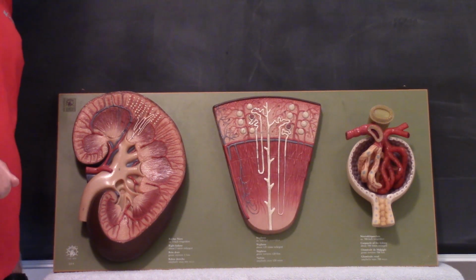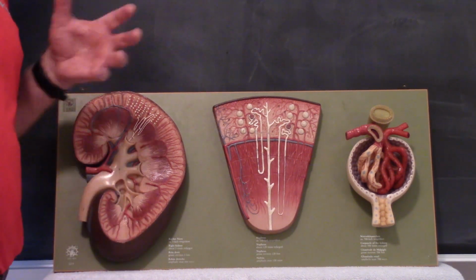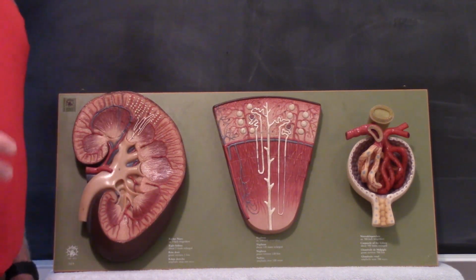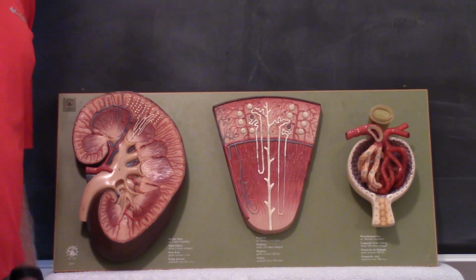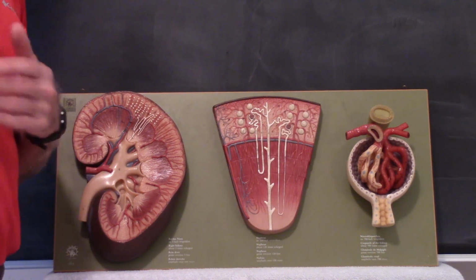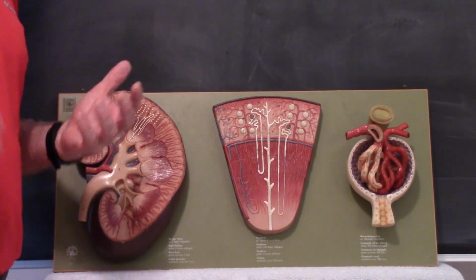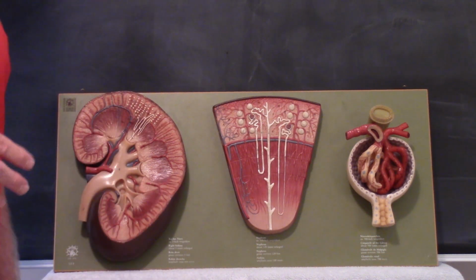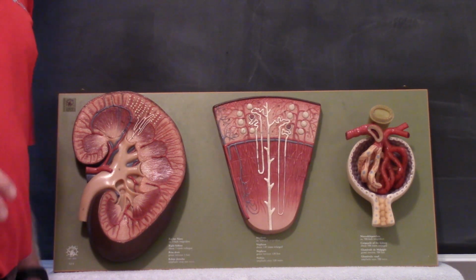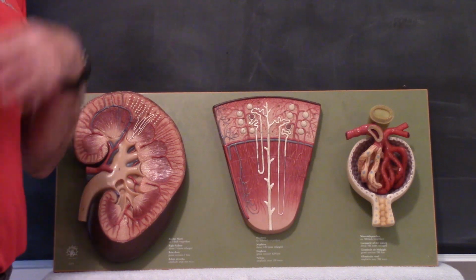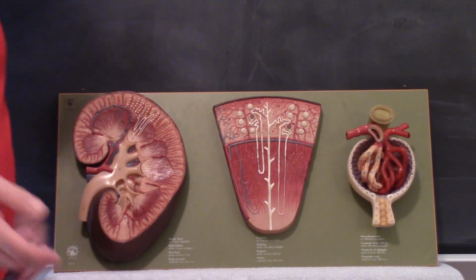And loop of Henle and nephron loop mean the same thing. So generally in textbooks, it is often known as a nephron loop, but like fallopian tube, in common usage, people generally refer to it as the loop of Henle. And I'll say loop of Henle or nephron loop, and I just pick one or the other.